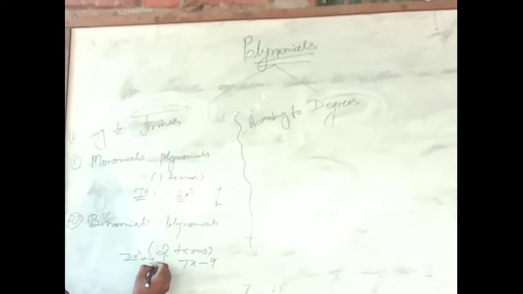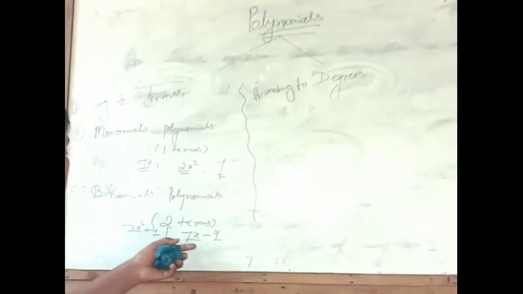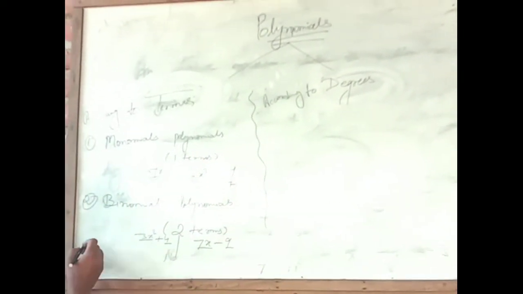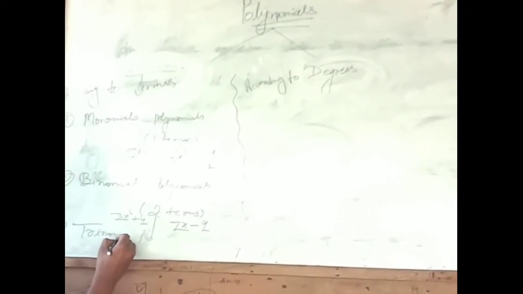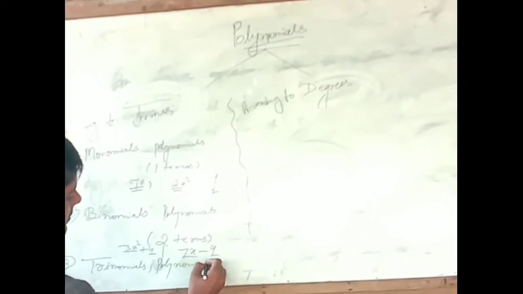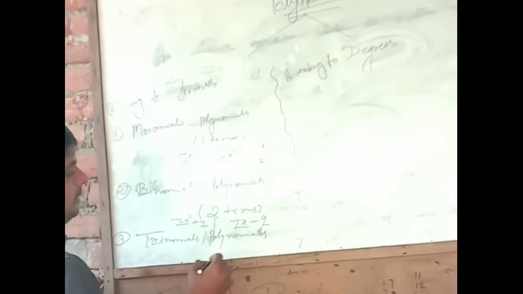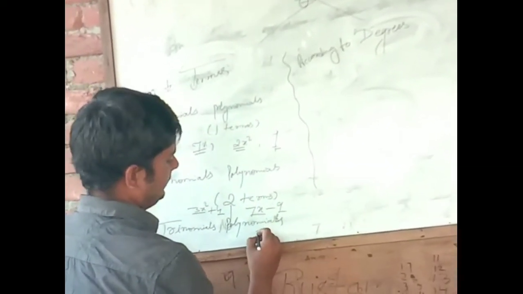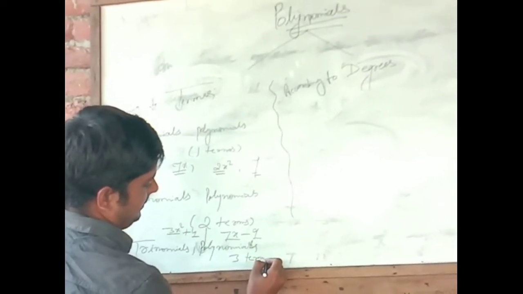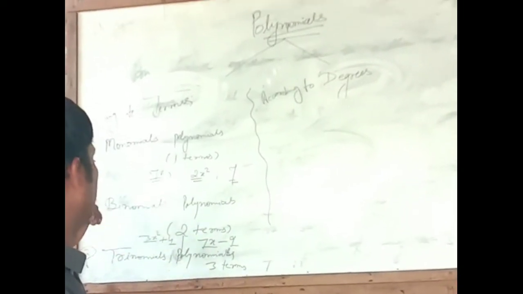These both have two terms, so both are examples of binomials. A trinomial is a polynomial which has three terms. Like this, we can name them: monomial, binomial, trinomial.